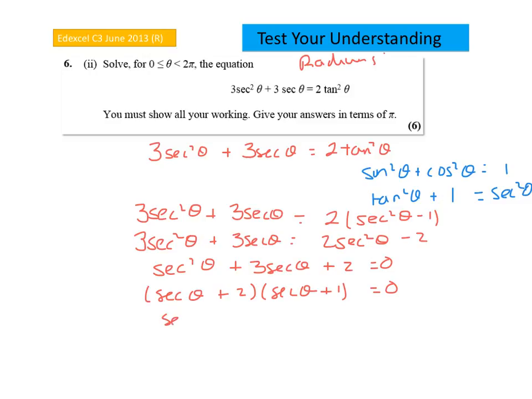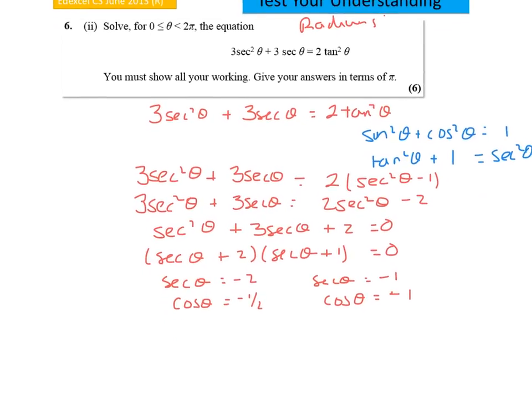So sec theta equals minus 2. So reciprocating both, that will give me cos theta equals minus a half, or sec theta equals minus 1. So cos theta equals minus 1.